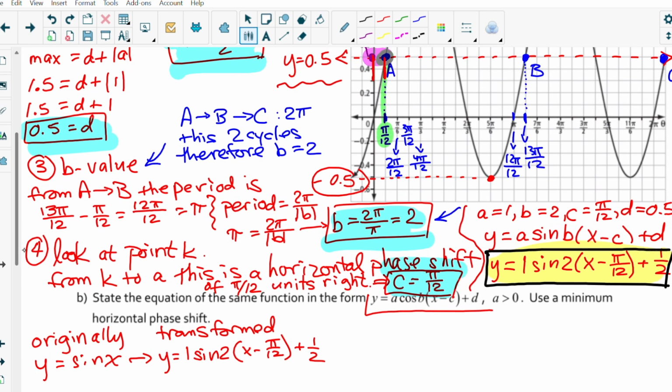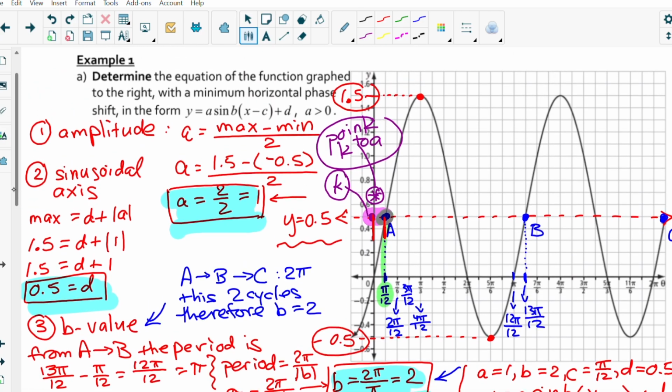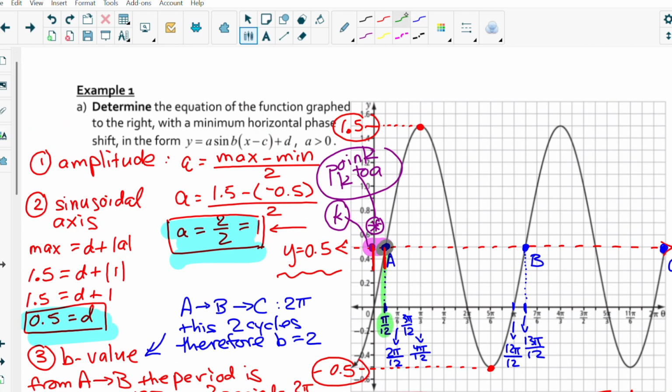So let's go back to our graph. I'm going to label another point here, in green. Minimum phase shift, I'm going to call this point T. How far was this shifted over?